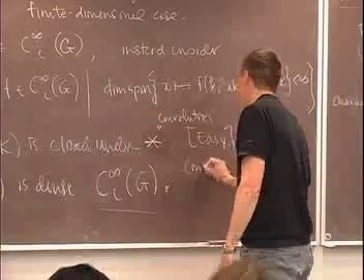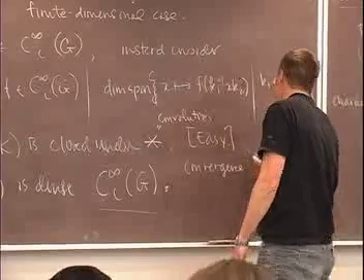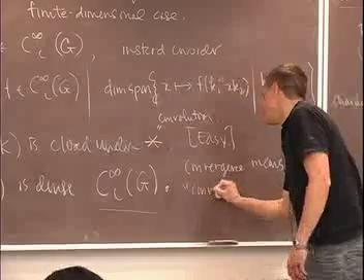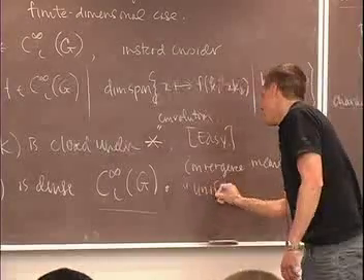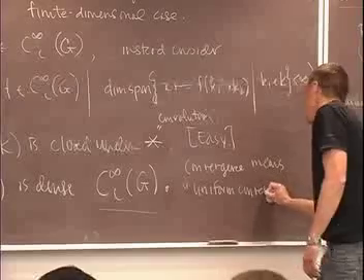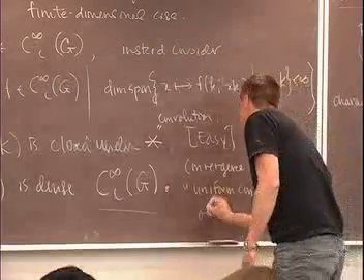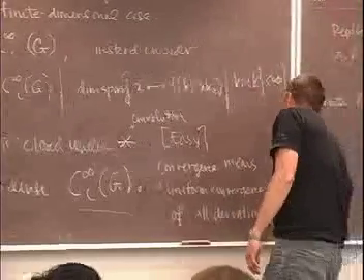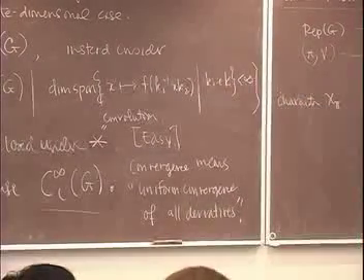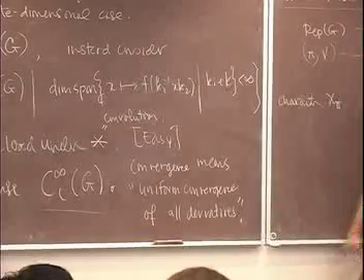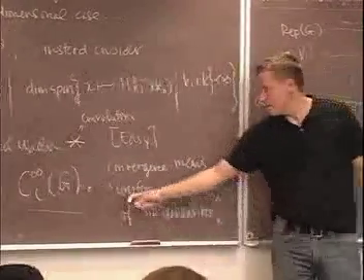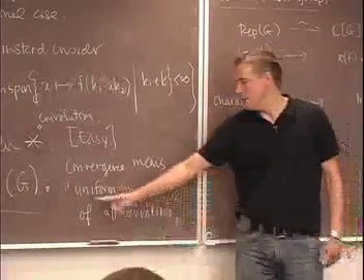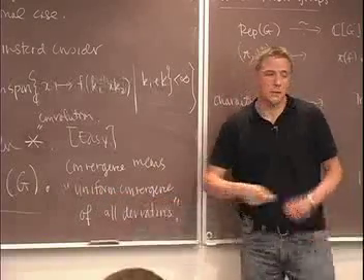So convergence here means, I'll put it in quotes and explain why, uniform convergence of all derivatives. A sequence of functions converges to another function if that sequence converges uniformly to the limit function, and not only do the functions converge, but all derivatives converge.